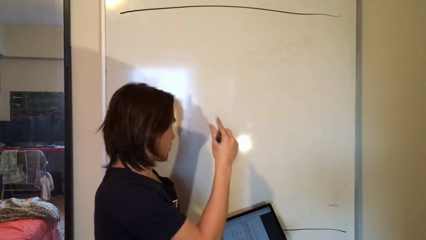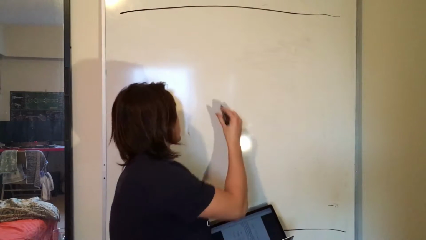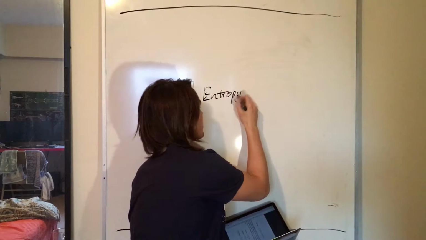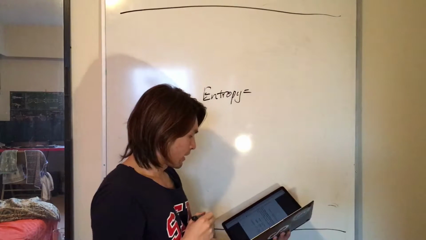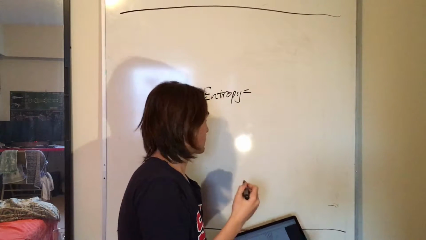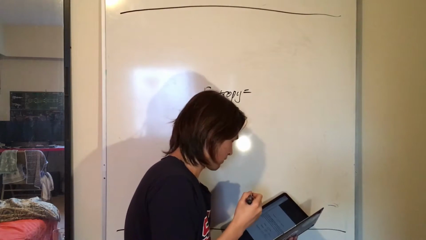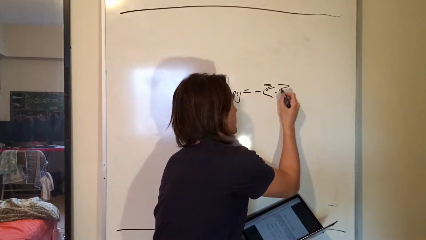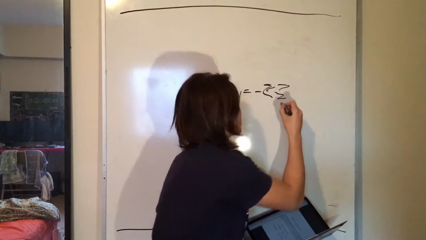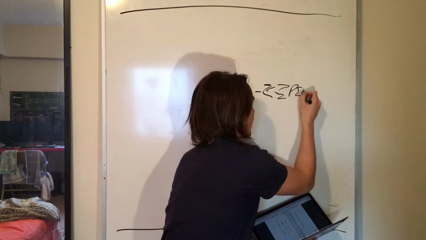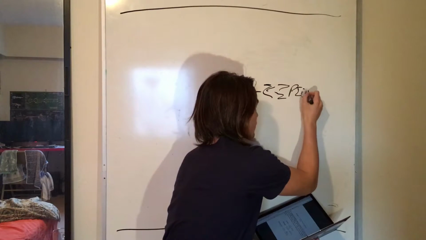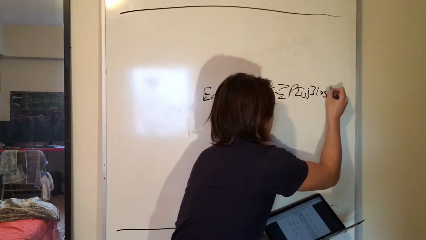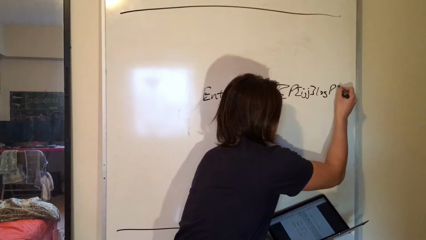So the most important one is entropy. It is defined by P, our co-occurrence matrix. It's simply defined by the negative sum of P_ij, which is our co-occurrence matrix, times the log of this co-occurrence matrix.